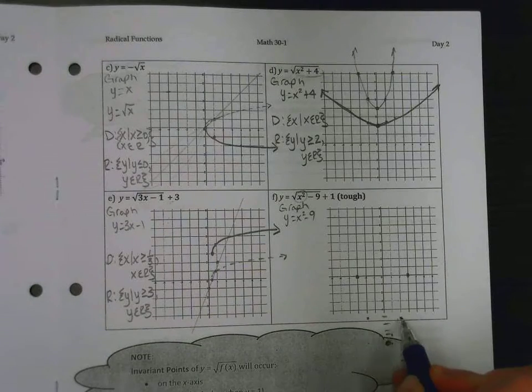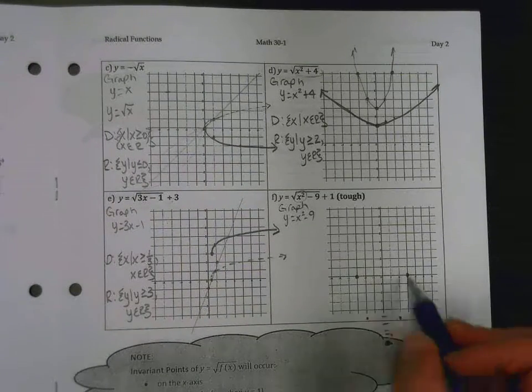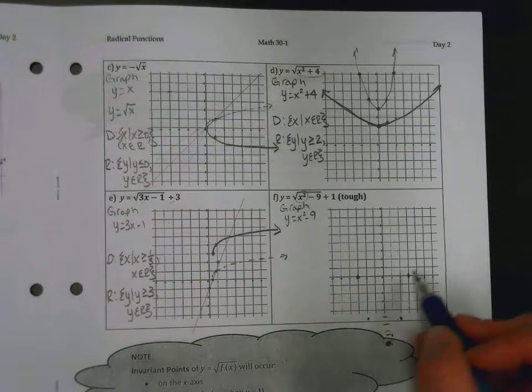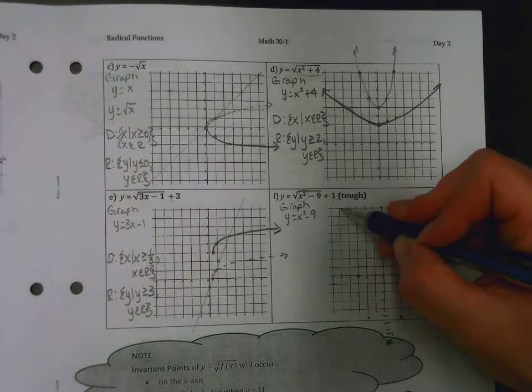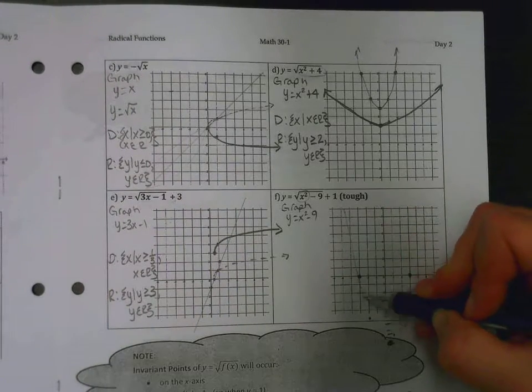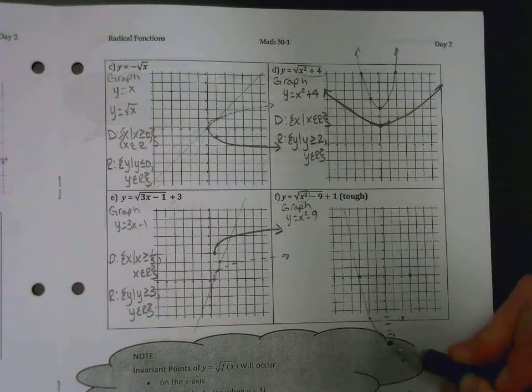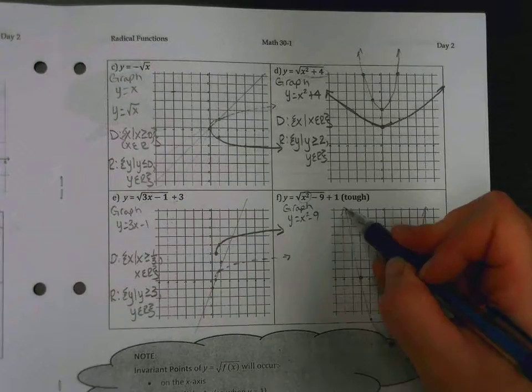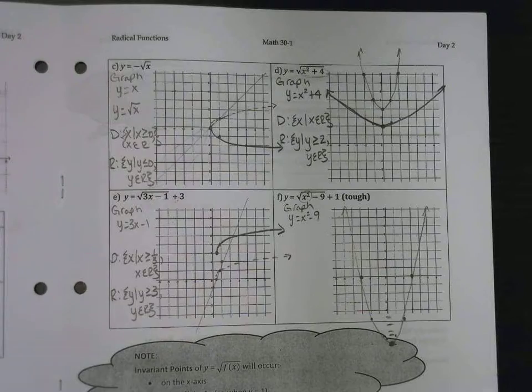So 1, 2, 3, 4, so that's how I got those points. 3 units over should be 9 units up, which brings us to these x-intercepts. Okay, so I'm going to lightly sketch my curve here. It's just a sketch.